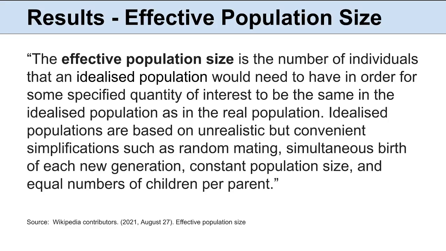We know we don't have random mating because we see that males are contributing to litters more than females, and equal numbers of children per parent we already know we do not have in our population because the sires are producing more offspring than dams.